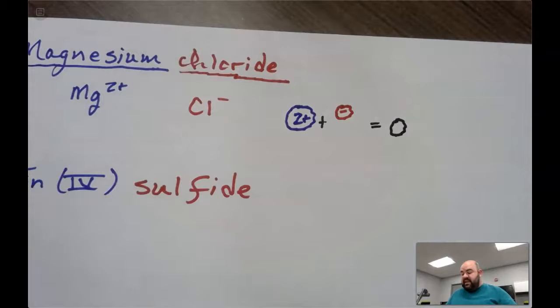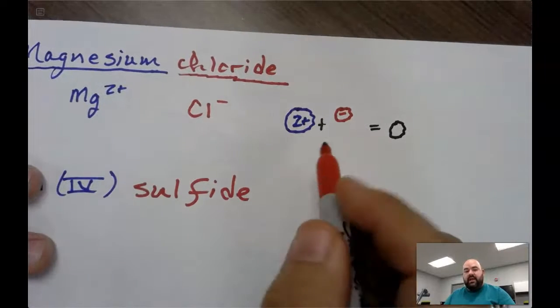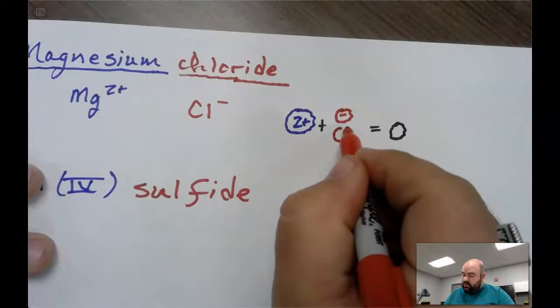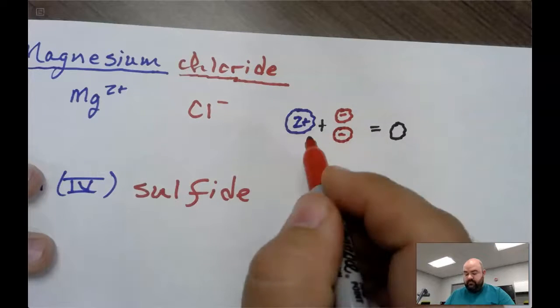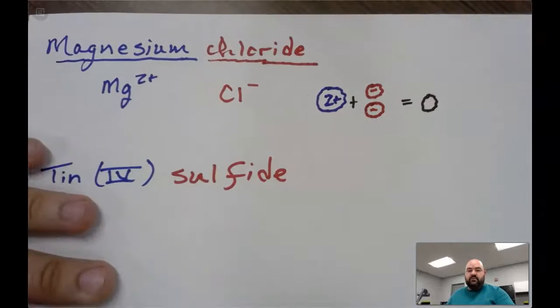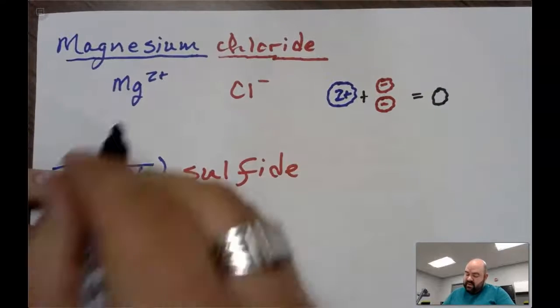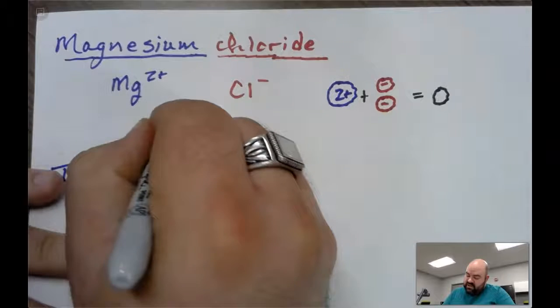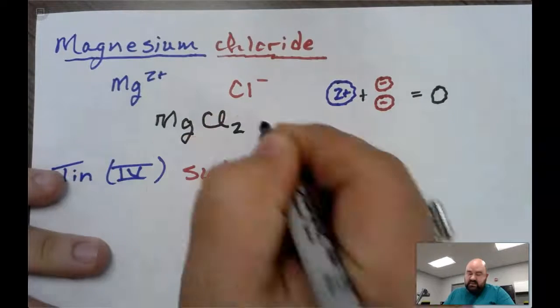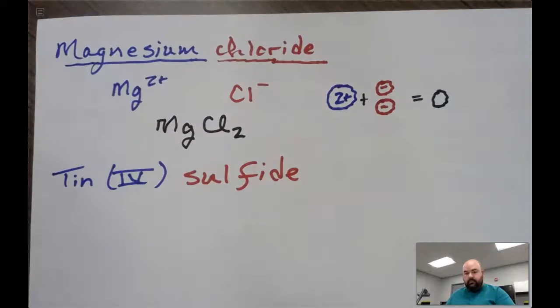So in order for them to balance out and cancel each other out, I must have 2 chlorines. So my formula for magnesium chloride must be MgCl2. Okay.